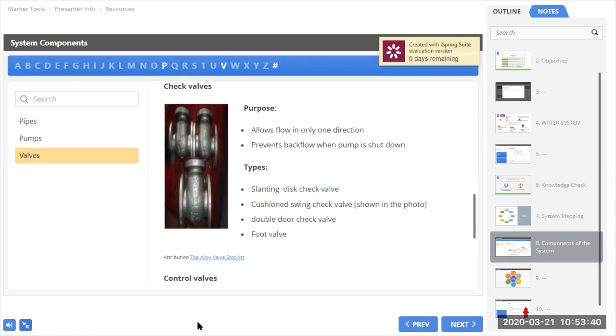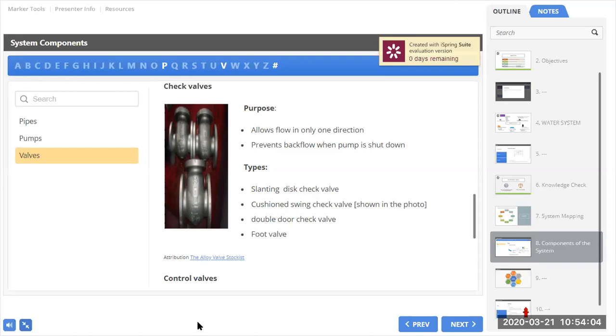Somebody is asking how far apart valves should be installed. Now, that's not a question I believe you could just answer just so. It would depend on the system design and what you are actually trying to do, because you have different types of valves on the system.